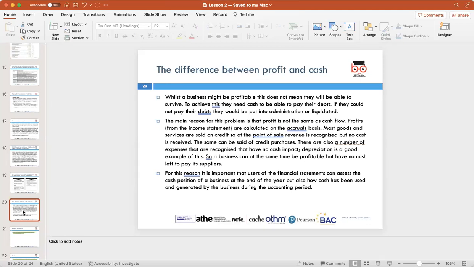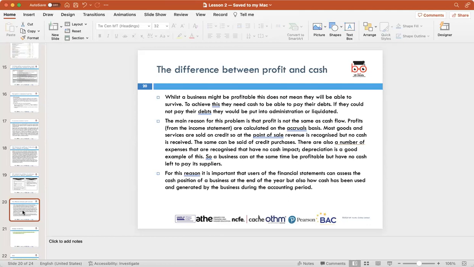For this reason it is important that users of the financial statements can assess the cash position of a business at the end of the year, but also how cash has been used and generated by the business during the accounting period. So a company's profitability is not necessarily indicative of its long-term viability.